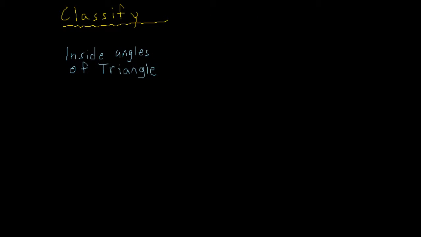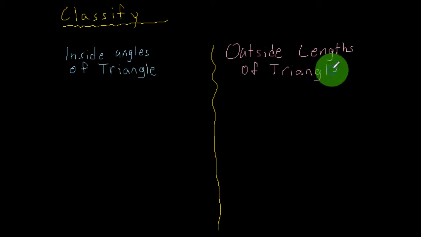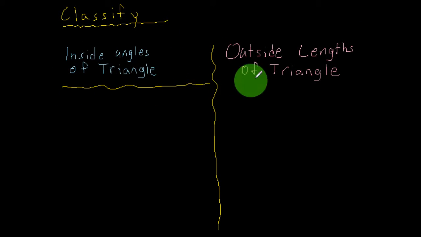So the other way that we can classify a triangle, let's get our divider here, is if we're looking at the outside side lengths, or outside side lengths of a triangle. Let's just finish this table off here.